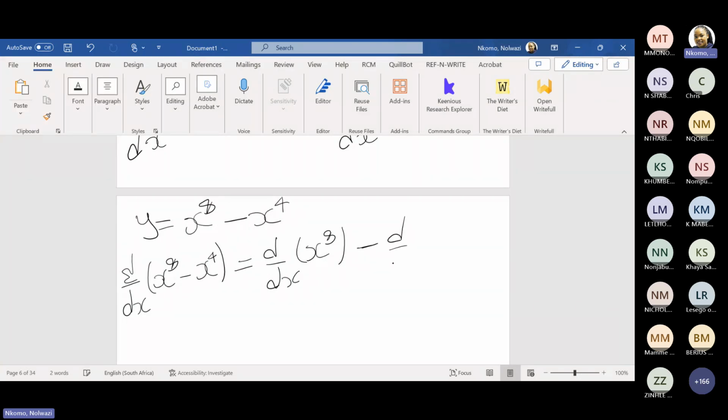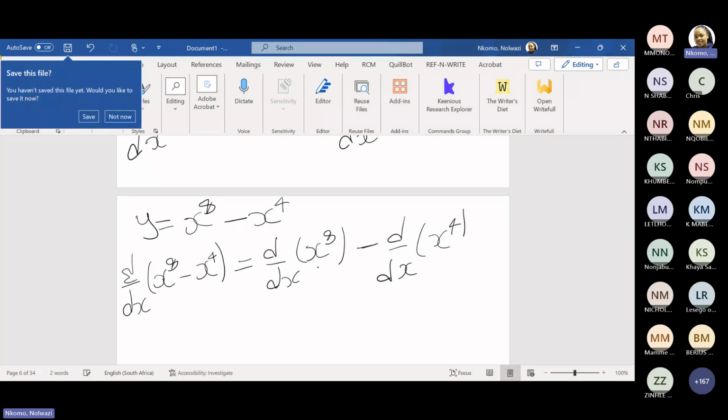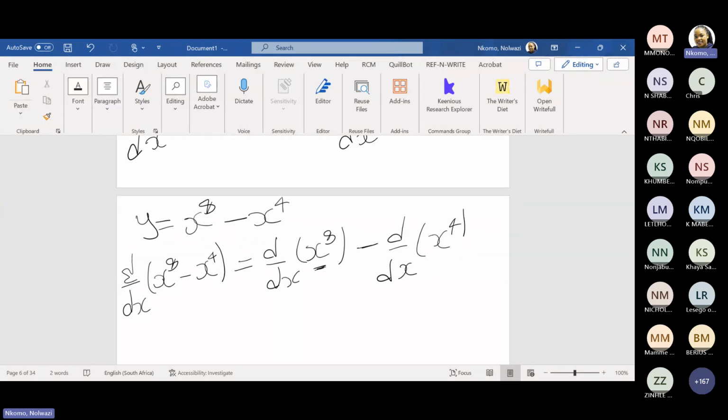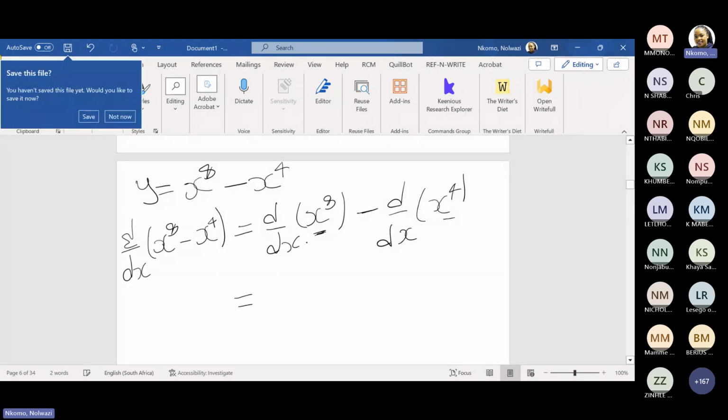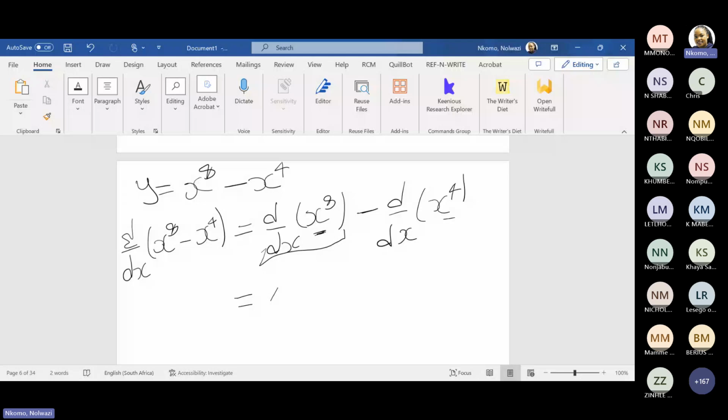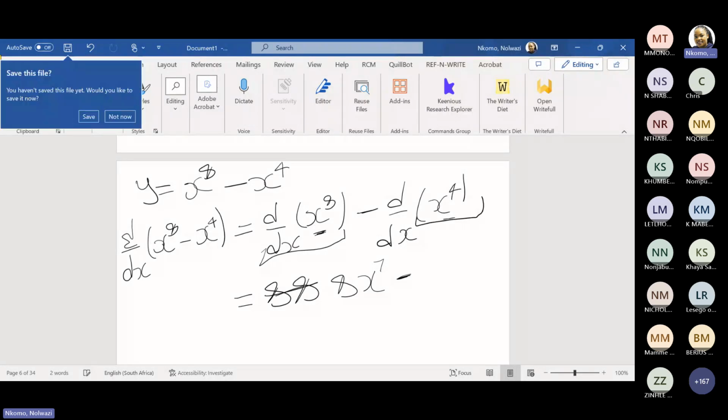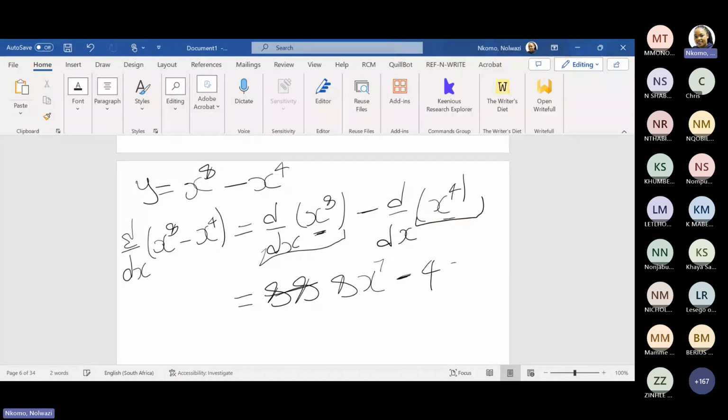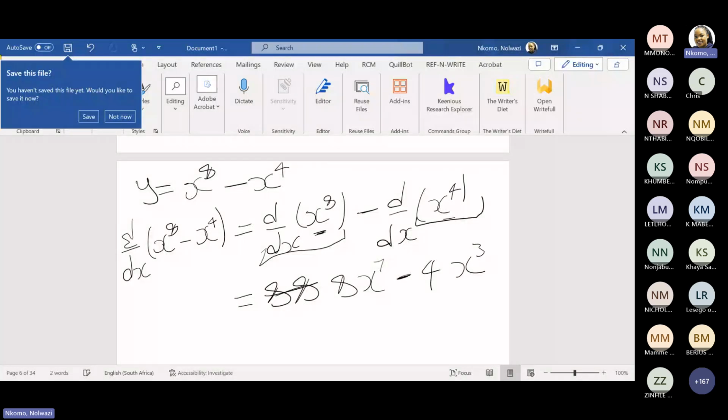You do the derivative of this separately and the derivative of this, and then you subtract them. The derivative of this we said is 8x to the power 7 minus the derivative of x to the power 4, which is 4x to the power 3. And then you can leave your answer here.